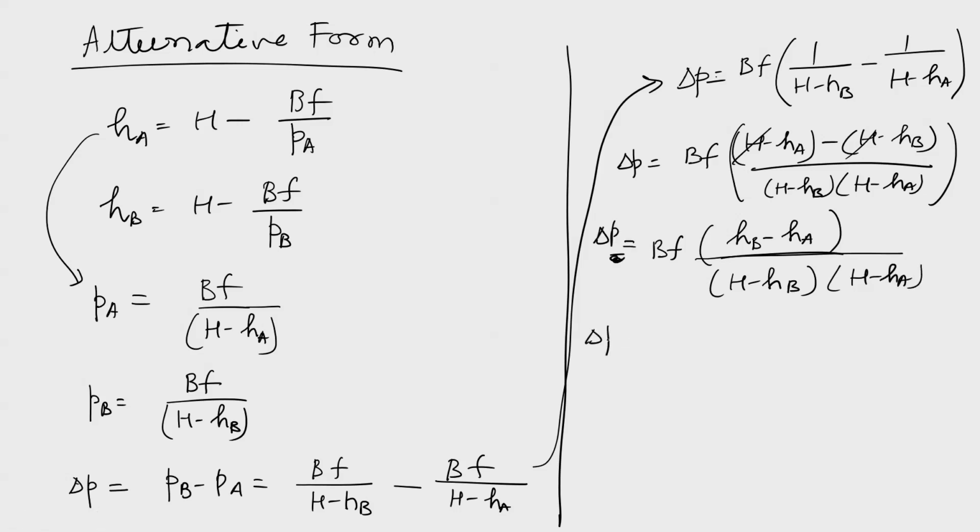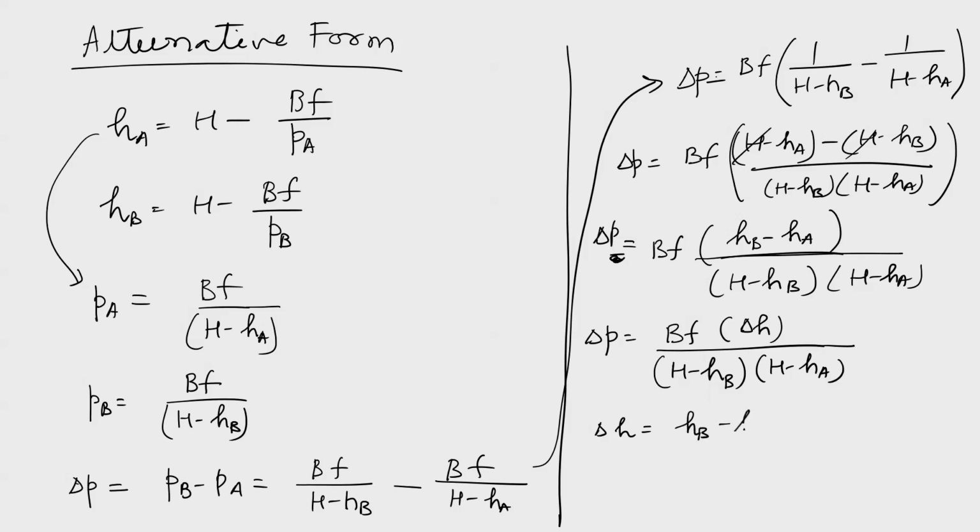I can write there delta P is equal to, if you remember, B into F into nothing but delta H, like this, where my delta H is the difference of height that we already defined before also, right. Now, I calculated the parallax difference, or the difference in parallax.